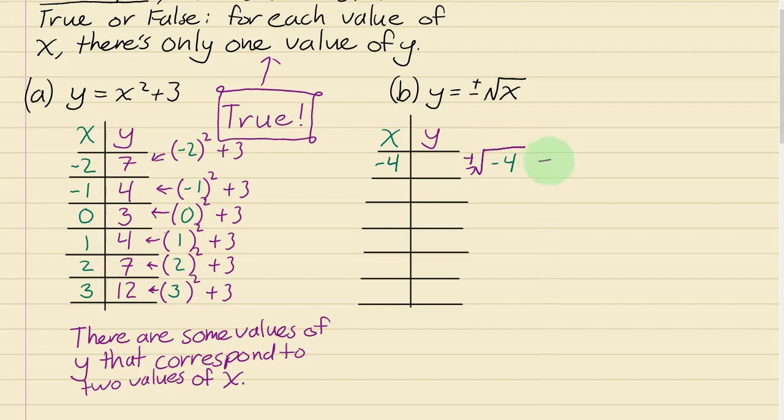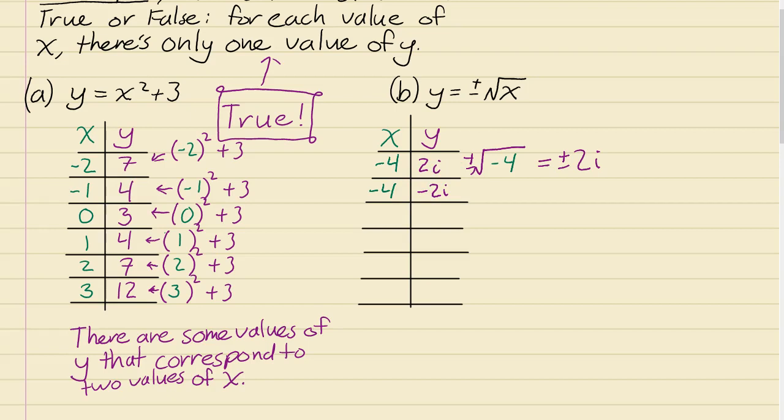It is plus or minus 2i. So the square root of 4 is 2, and then the square root of the -1 becomes i. And that does represent two different numbers. So we could write one as 2i here, but then you could also plug in -4 and get -2i. So that's how that goes.